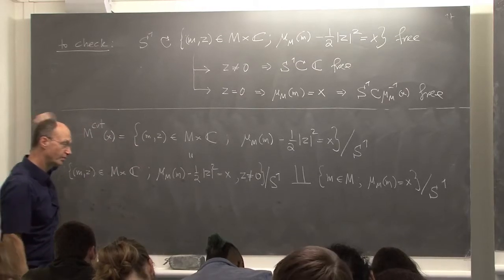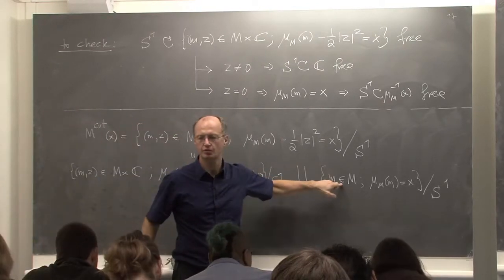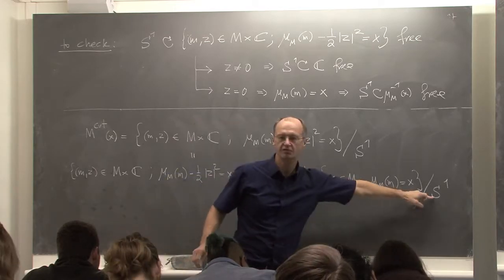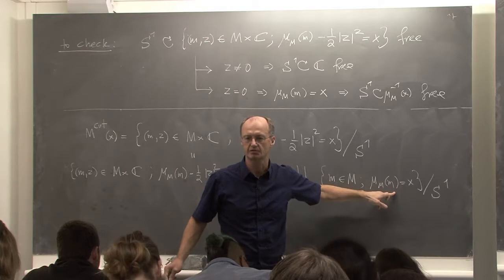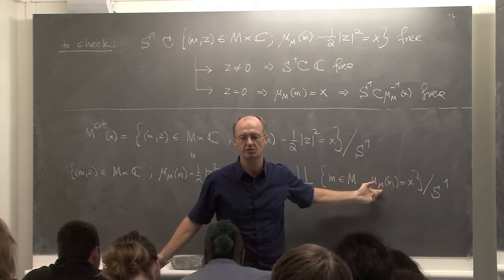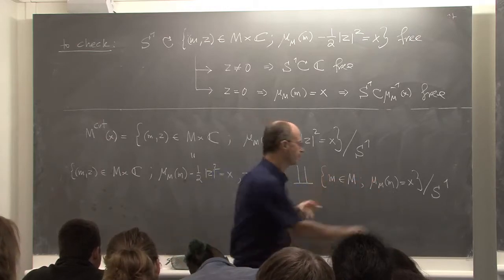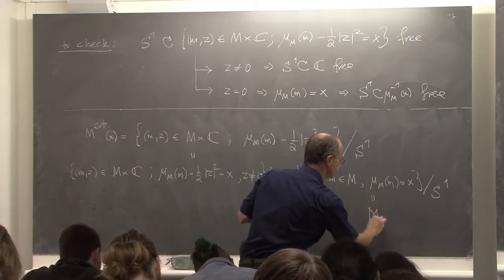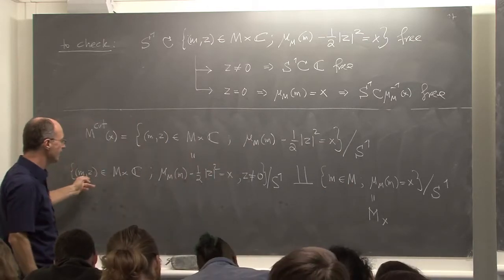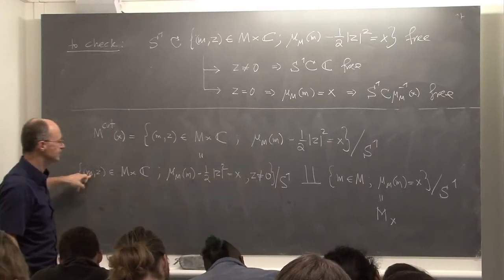Now, this guy, we actually know what it is. It has a name. We take the level set and divide it by the free S1 action. It's just the reduced space, the reduced space MX. Now, what is this guy?